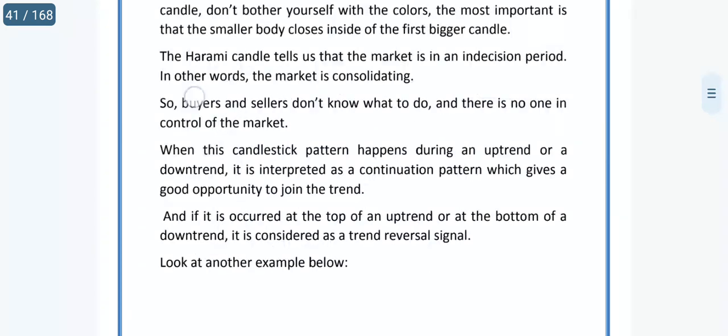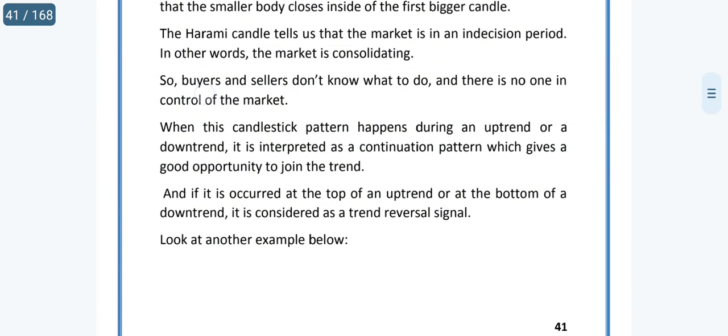In other words, the market is consolidating. The buyers and sellers don't know what to do at this level, and there is no one in control of the market.